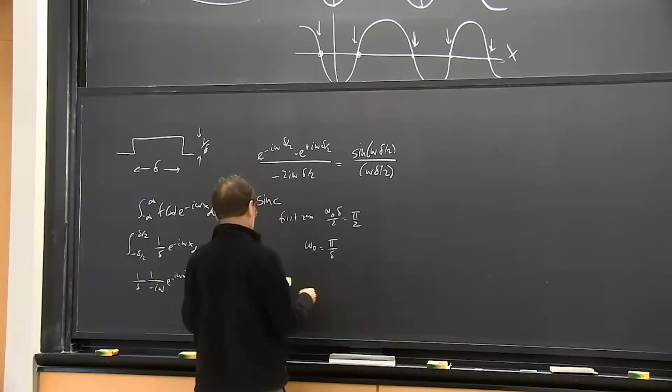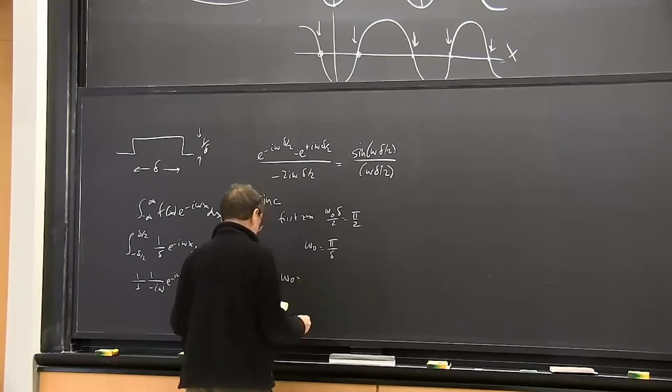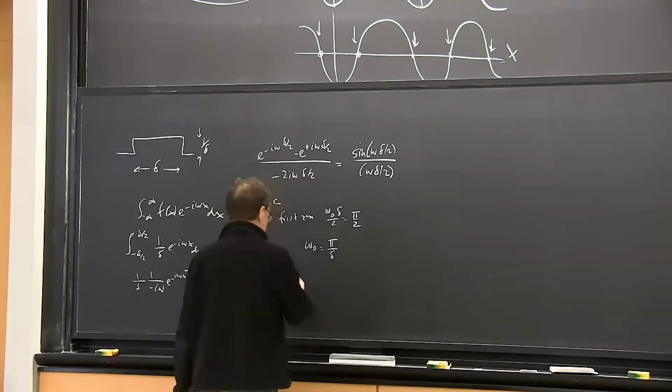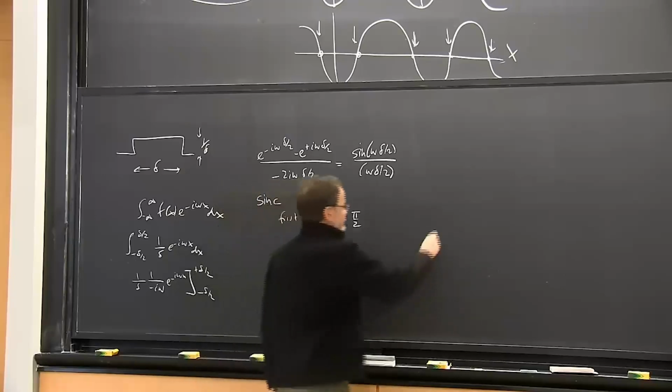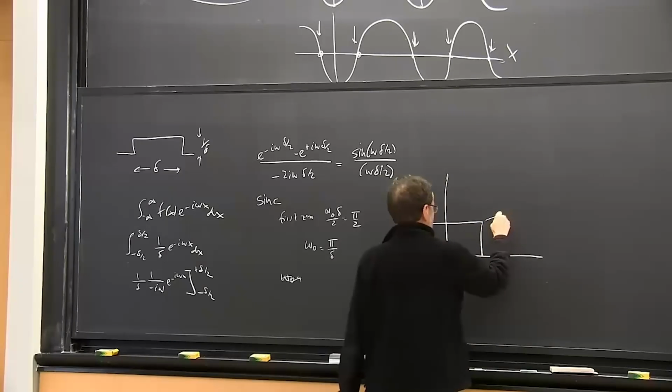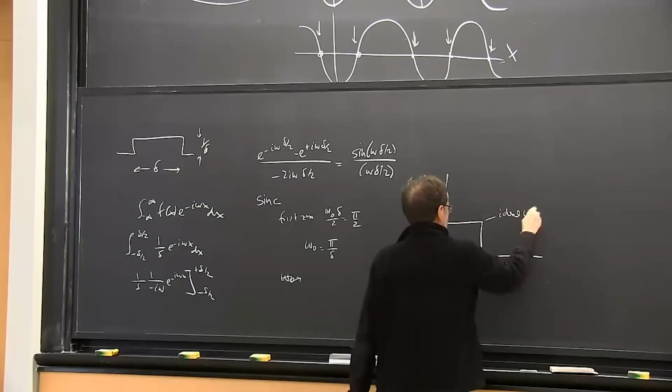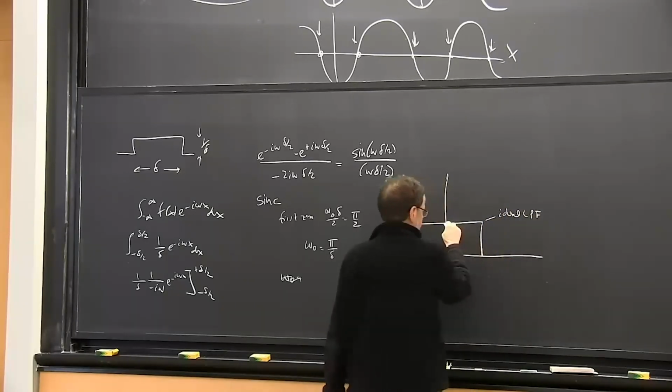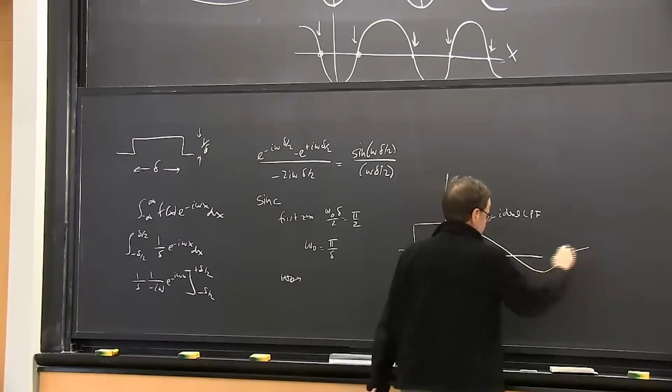Oh, really? Which is twice the frequency we got for Nyquist. So if we plot it, here's what we want. Here's our ideal low-pass filter. And here's what we get.